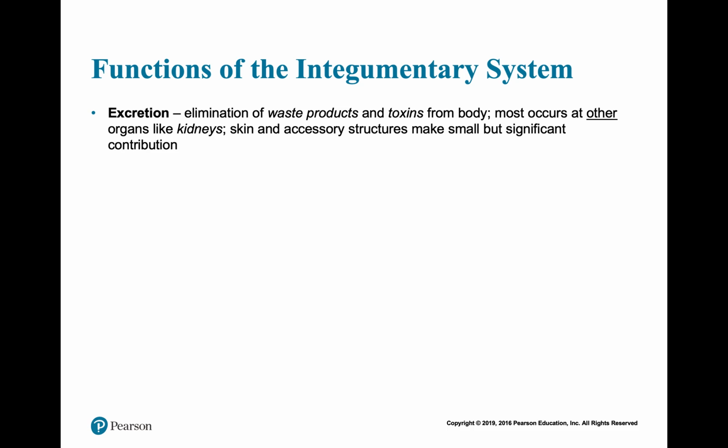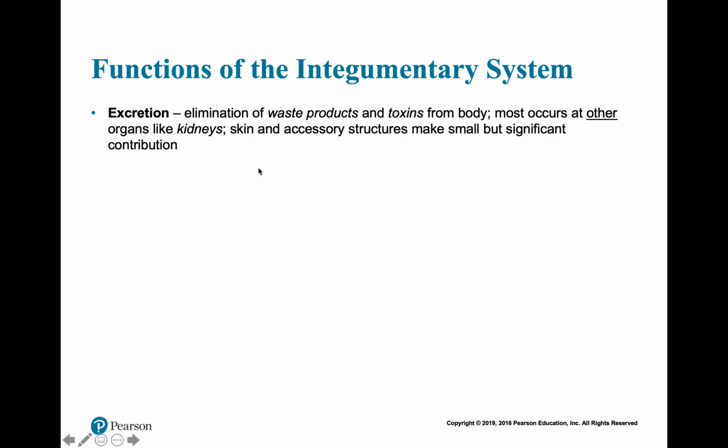When we think of excretion, really we think about the kidneys. The kidneys play a major role in excreting toxins and wastes, things that we don't want in our body, the elimination of waste. Really that role is played out by the kidneys, but the skin does play a role.